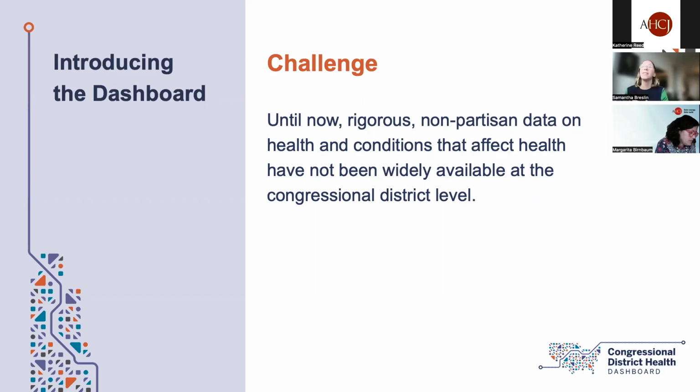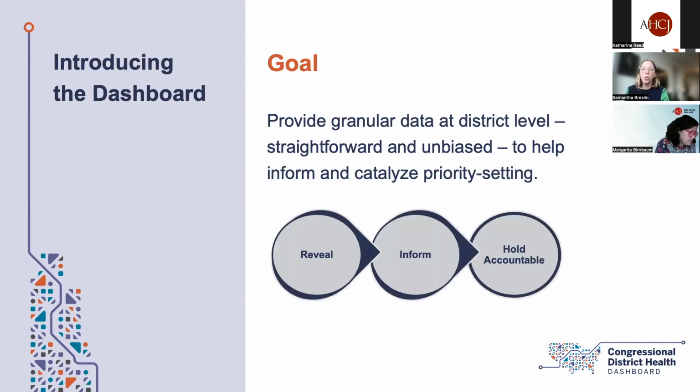And those data sets that maybe existed were not widely available or accessible to a broad range of audiences. And so our goal with this tool is to provide that granular data and make sure that it's not only unbiased, which is extremely important to us, but it's straightforward, easy to understand, easy to access, and we want it to help our users inform and catalyze priority setting.